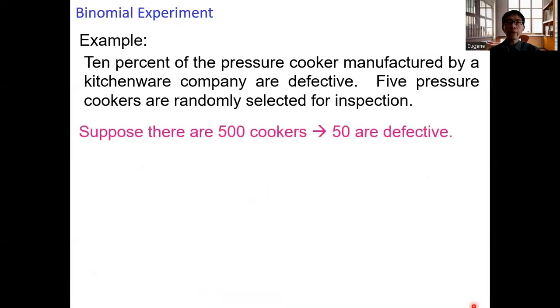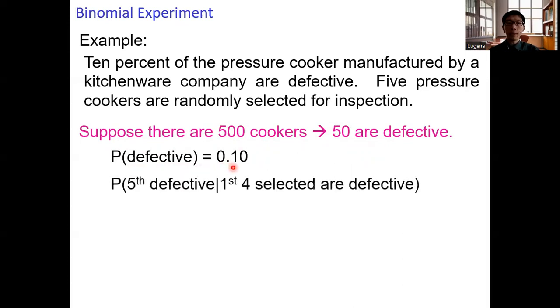What if there are 500 cookers now, and 50 of them are defective? The probability that the cooker is defective is 0.1, and consider the same probability, the probability that the 5th cooker is defective, given that the first 4 selected are defective.